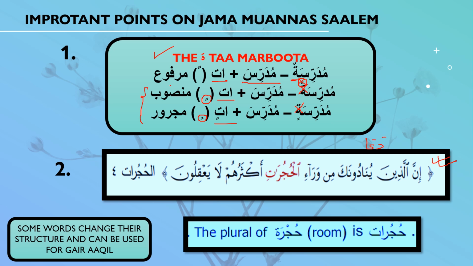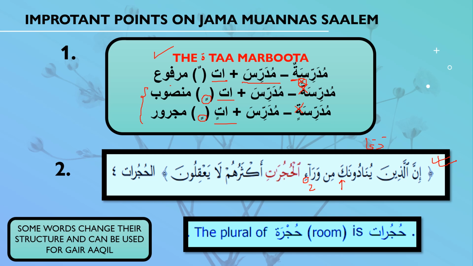So here it's saying indeed those will call yunadunaka, you, the damir for the mukhatib, you, singular male. Yunadunaka, they will call you min wara'i. So as you can see, this is a zarf, min wara'i, and that's why it has a kasra. From behind their rooms.